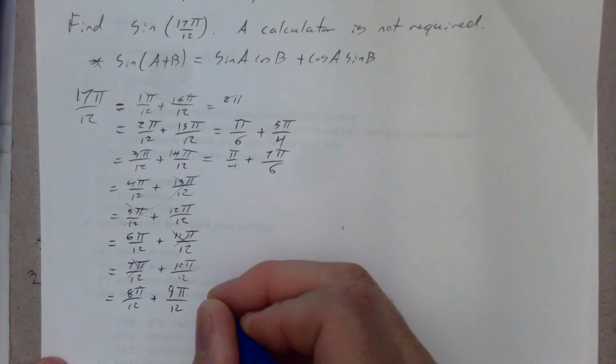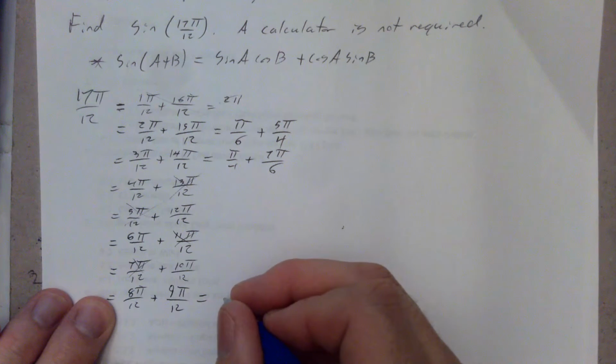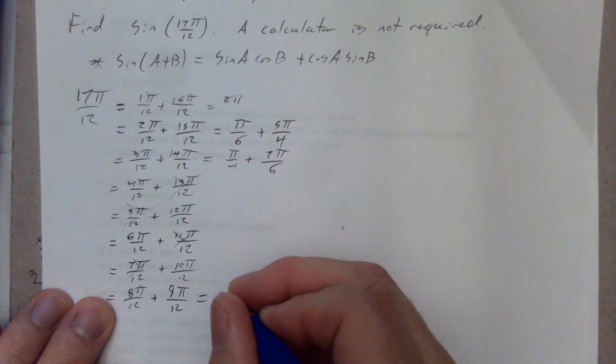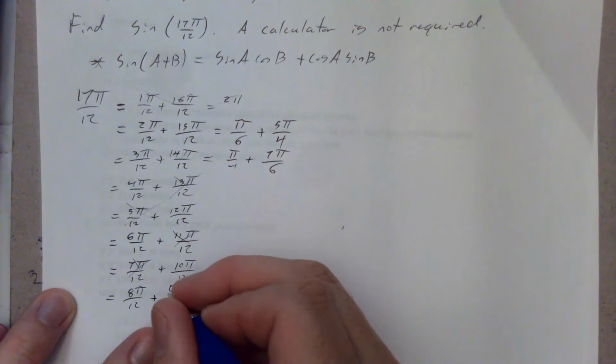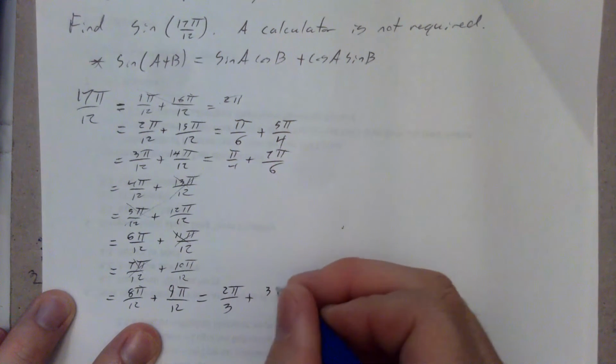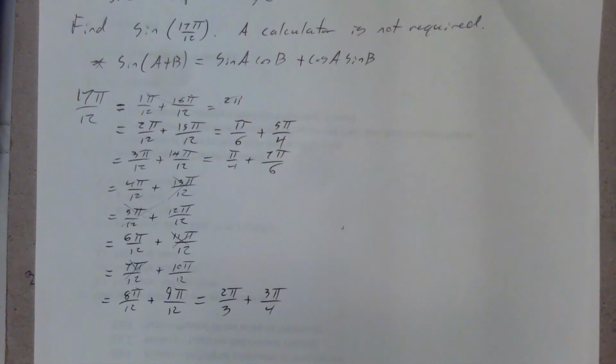Wait a minute, 8 pi by 12 plus 9 pi by 12 could reduce to, let's divide by 4/4 there, 2 pi by 3 plus, and divide by 3/3 here, 3 pi by 4. I notice I'm kind of out of my options here because my next combination would be 9 pi by 12 plus 8 pi by 12.